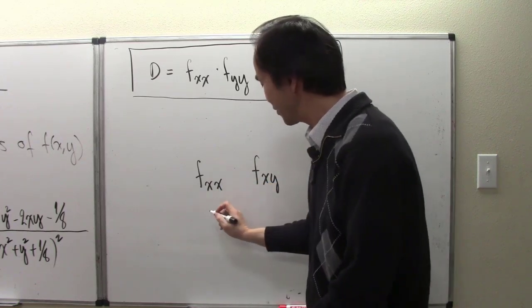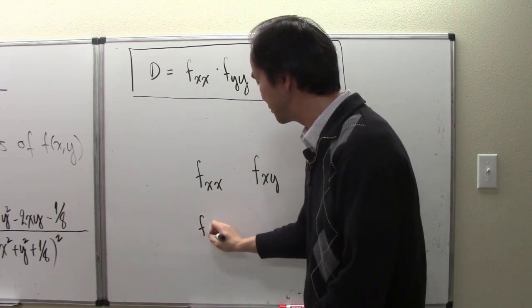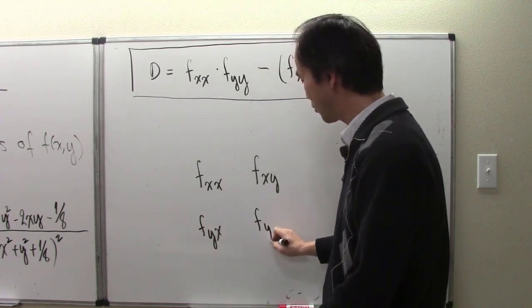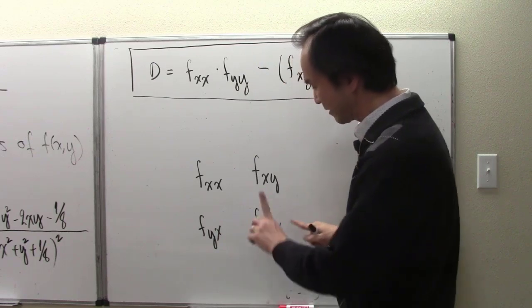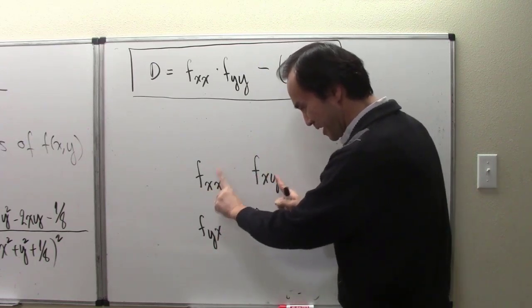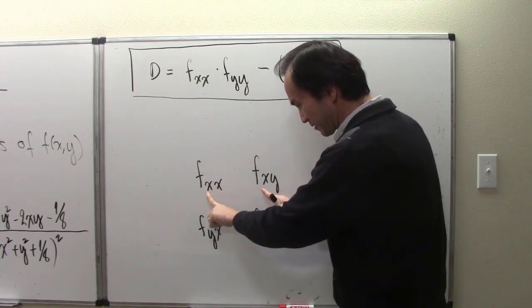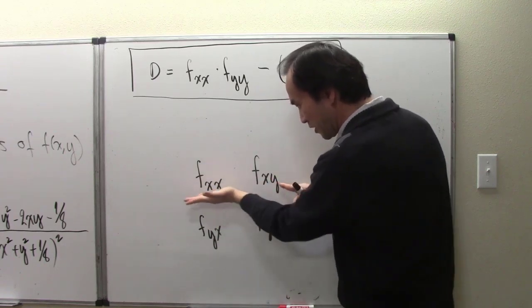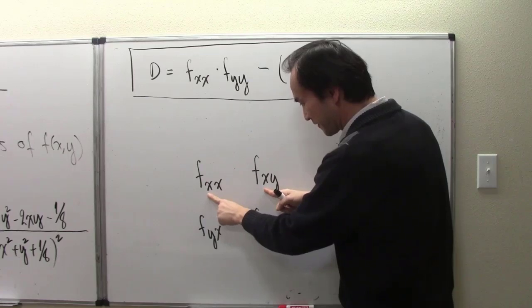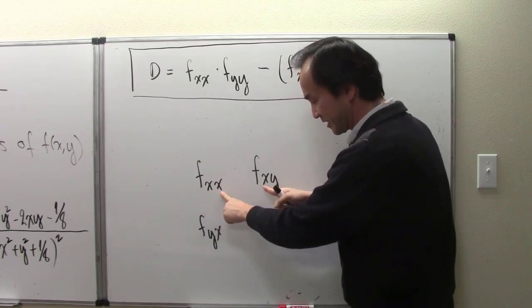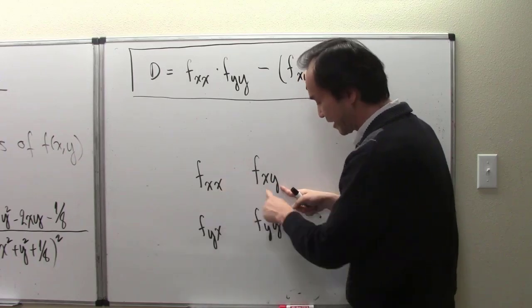And then we have the next row, f sub yx, and then f sub yy right here. So think about the order like this. I mentioned that earlier, and I hope viewers are understanding: the first row is for all the partial derivatives being in terms of x. And then we take in turns the second partial derivative in terms of x and y.